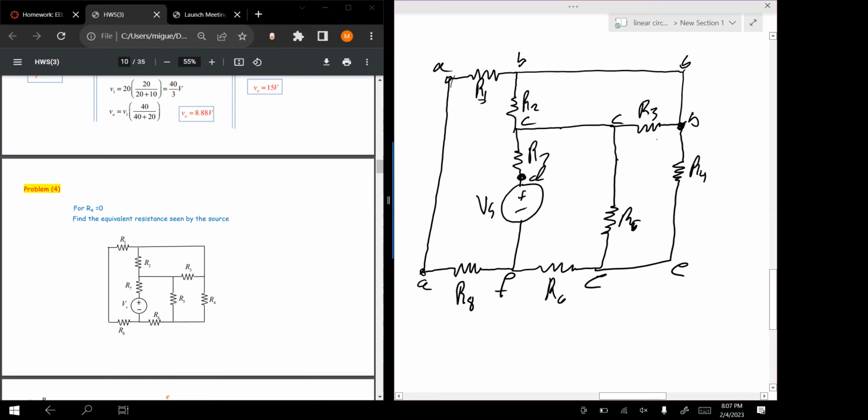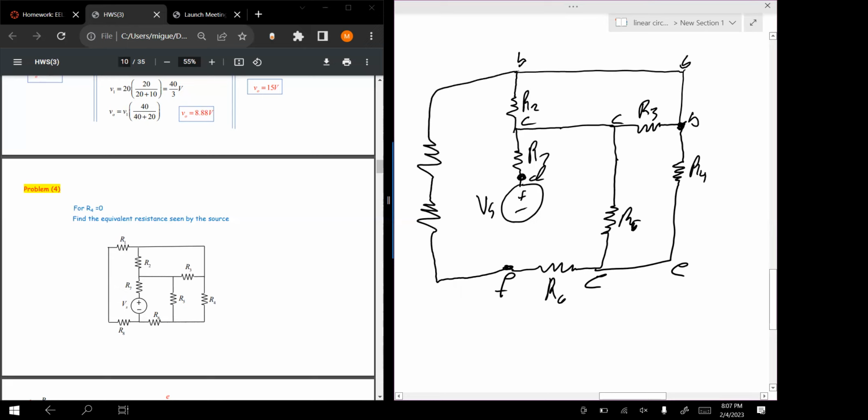Even if that split is a short circuit though, think of it like this. Now I'm going to purposefully erase this whole thing. Imagine this is R8 or R1.